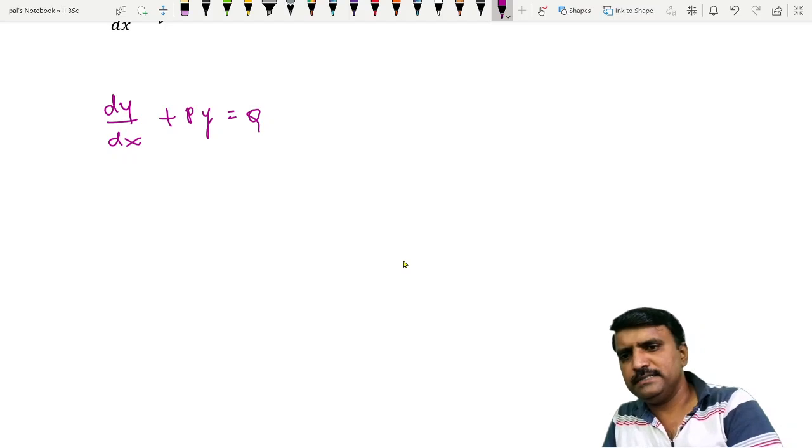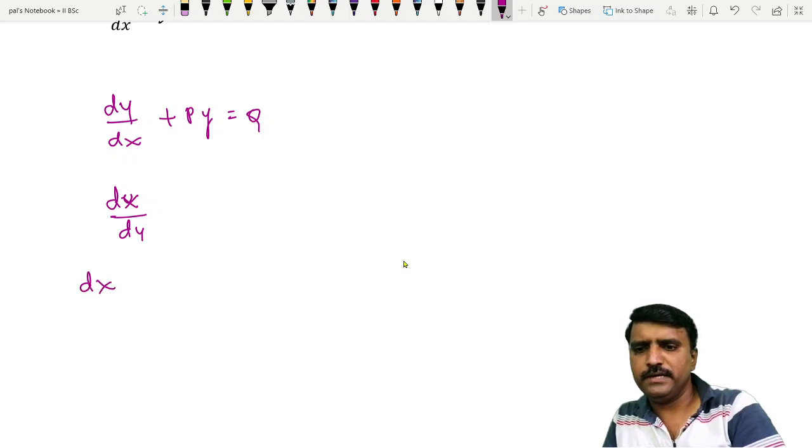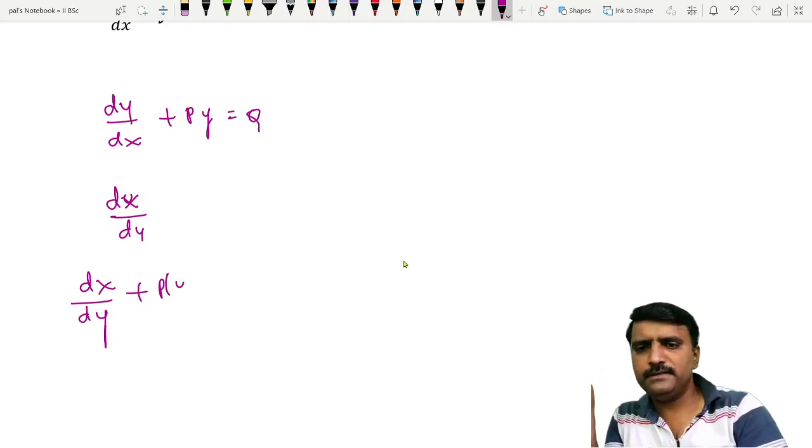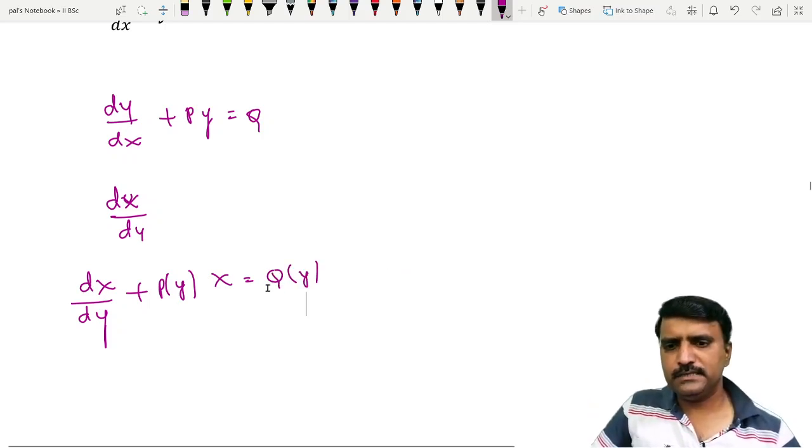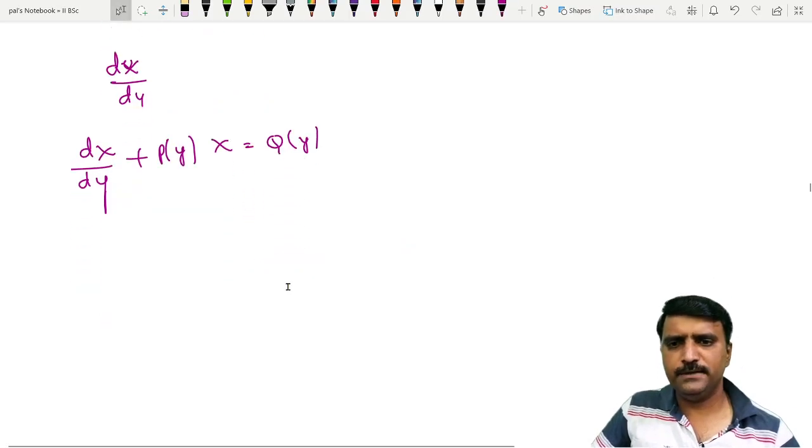Sometimes the differential equation is like this: dx by dy plus p of y into x is equal to q of y. In this case, p and q are functions of y.